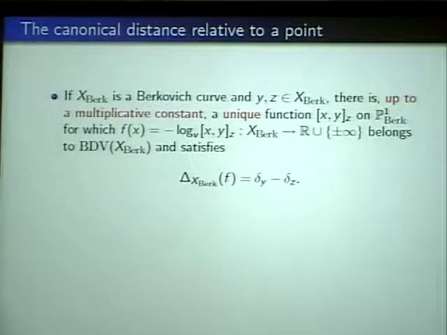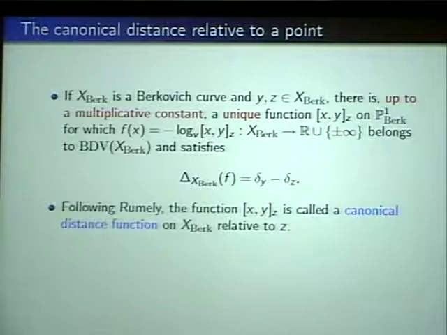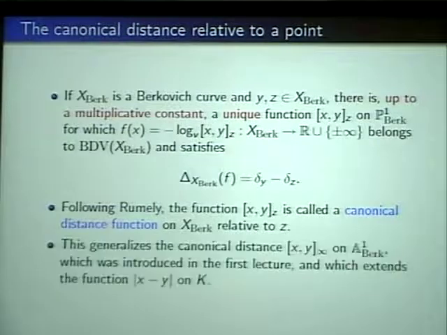And so this gives you a convenient way to generalize certain constructions just by solving a differential equation. So this we'll call a canonical distance function relative to z. And it possibly non-obviously generalizes the canonical distance, which was introduced in the first lecture, which was itself just an extension of the absolute value of x minus y.